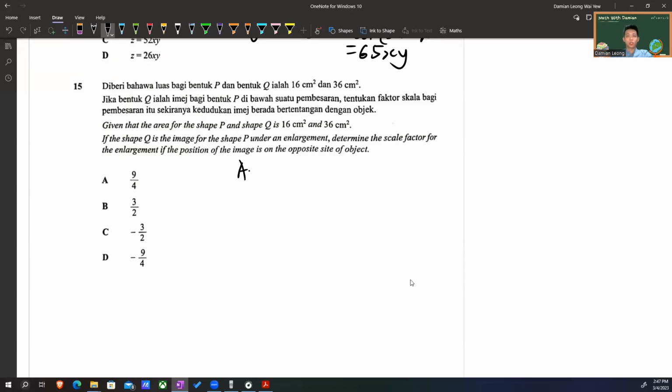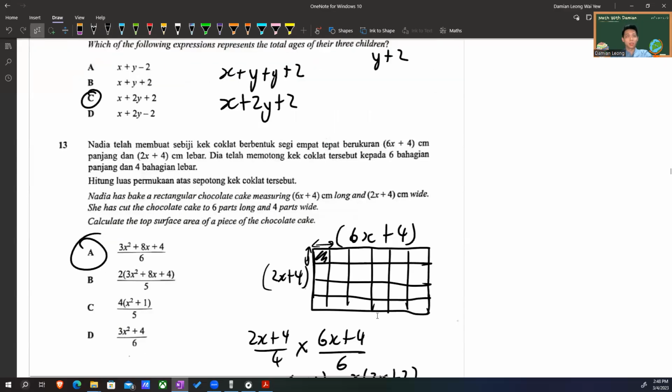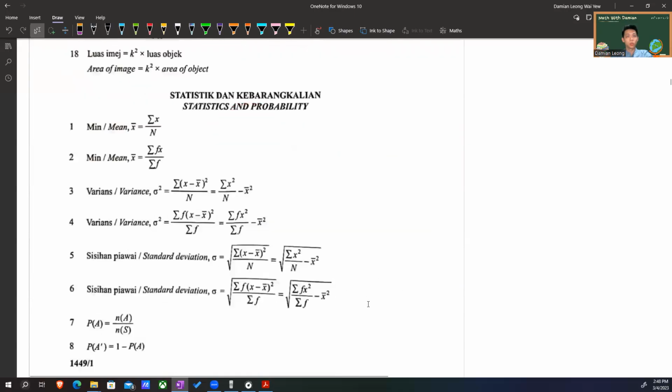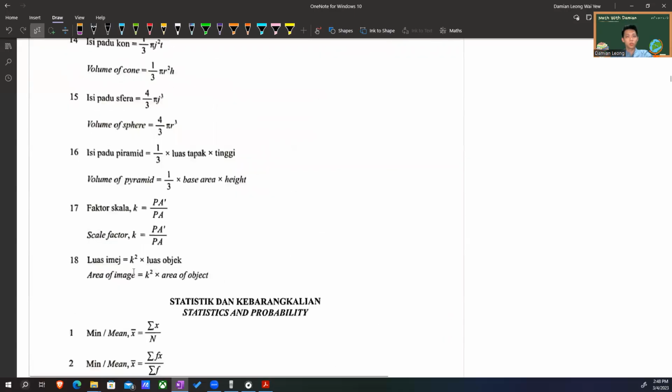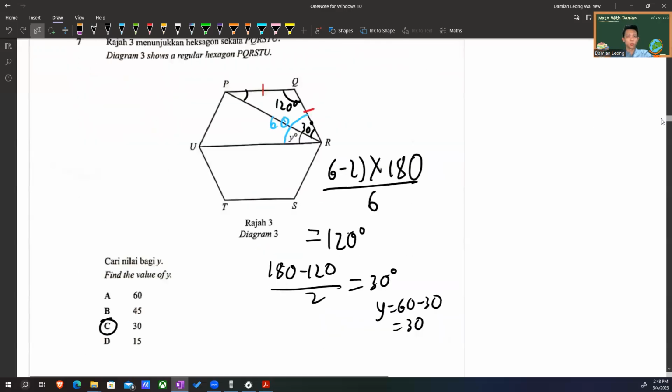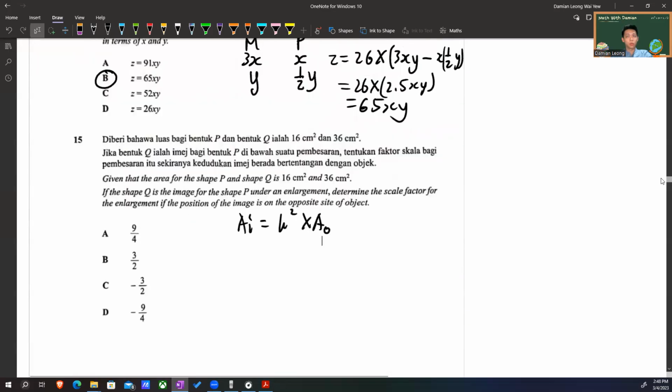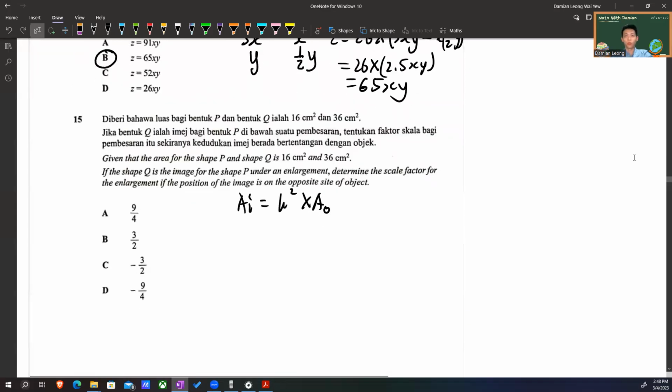Area of image equals scale factor square times area of object, which is something that is given to you. It is a formula that is given to you, so you should be able to do it without any issue. You just refer to the formula.